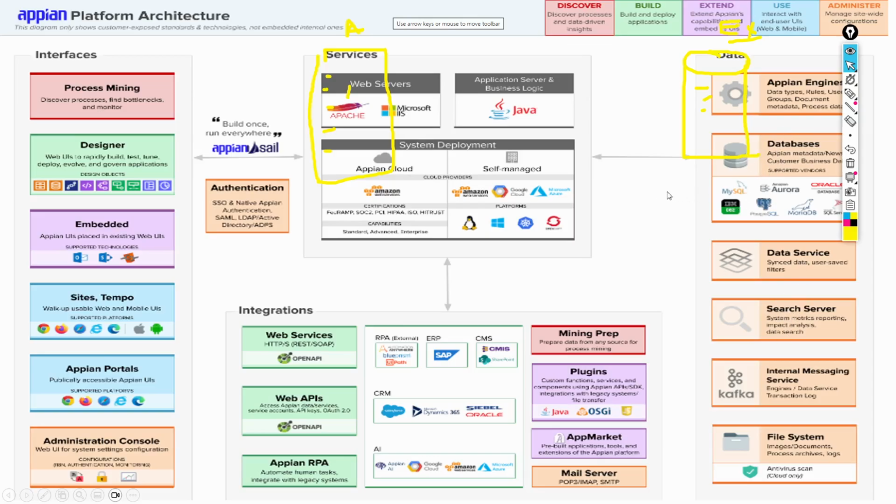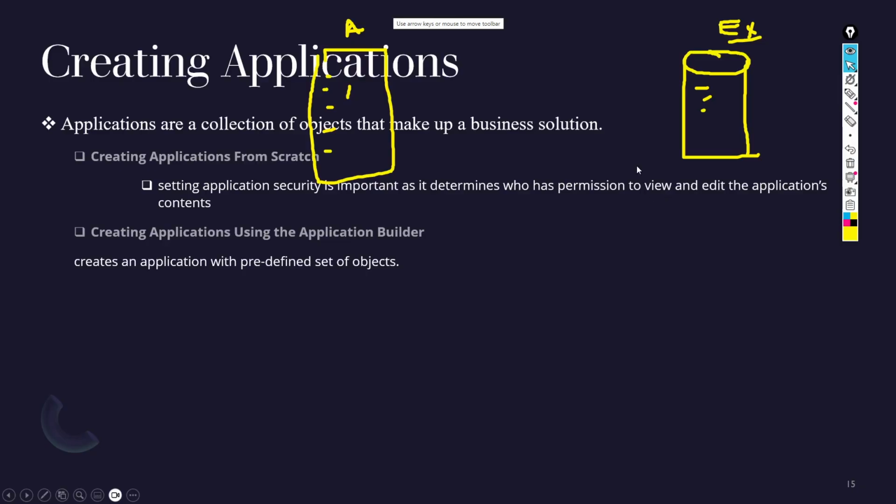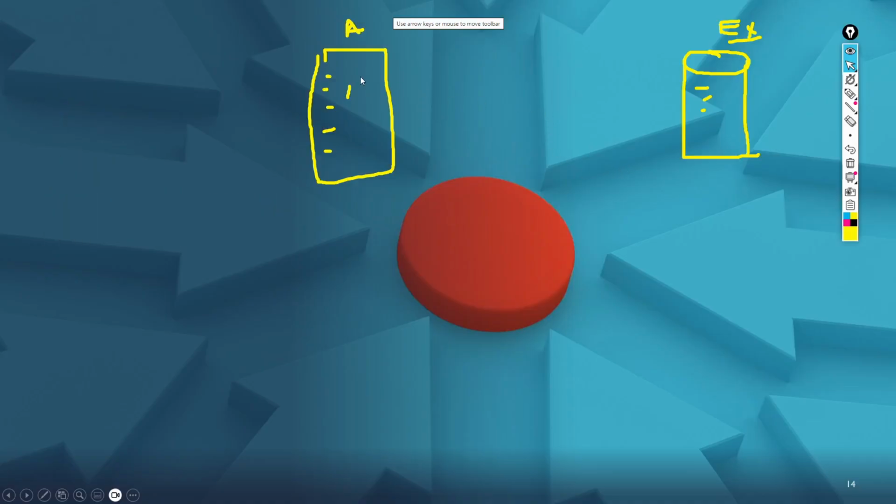So this is Appian, but we are also saving our information to the external system like Oracle or a MySQL server. But in Appian, we create a representation of the actual external database.